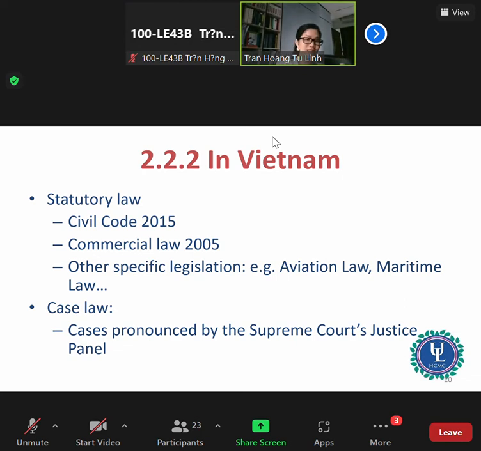If you base on the sources of contract law in the US, let's step back and give a bigger picture. In the US, we very much zoom in, and if you zoom out, because we are in Vietnam, right? We know the Vietnamese legal system more, so what would the answer be?